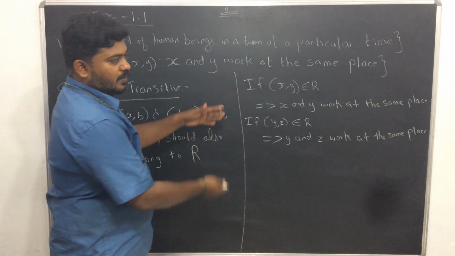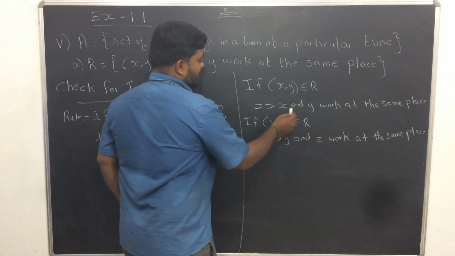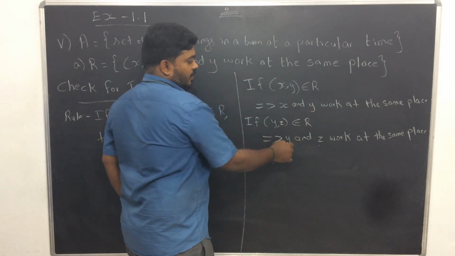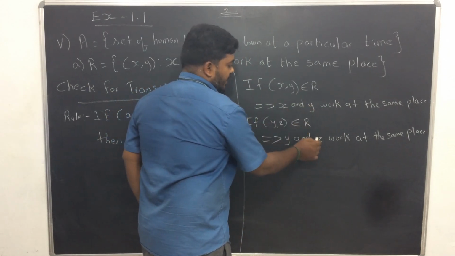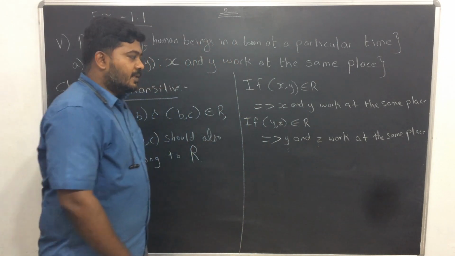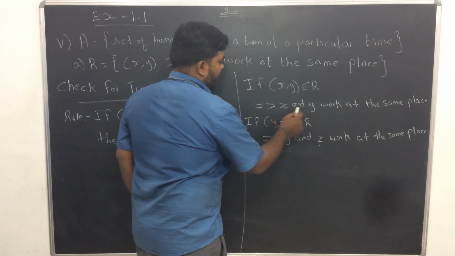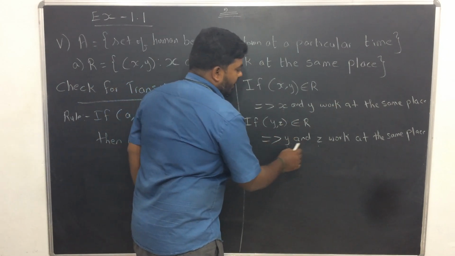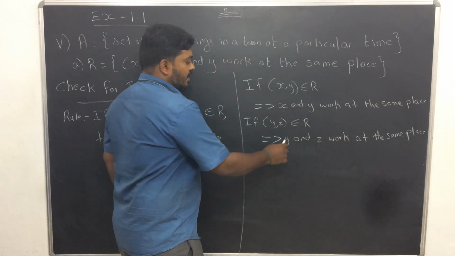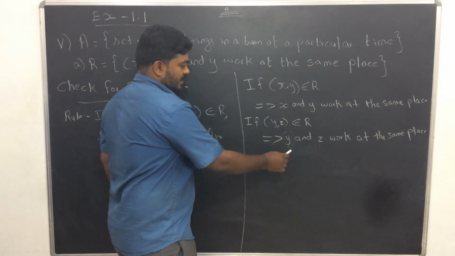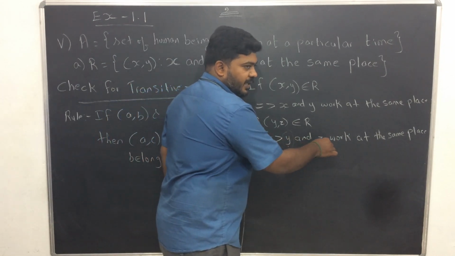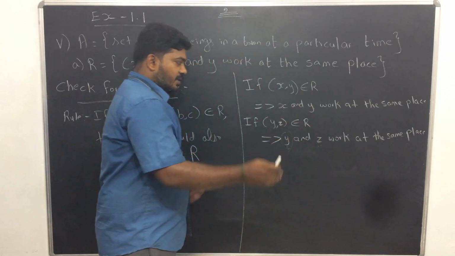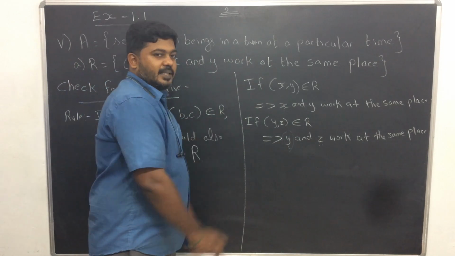Okay. Now, from these two statements, what can we say? x and y work at the same place, y and z work at the same place, and y is common in both. So, this means that x and z will also be working at the same place. Say, for example, x and y work in a supermarket. Now, I am saying y and z also work at the same place, which means if y works in the supermarket, then z will also be working in the same supermarket. So, all three people, x, y and z, will be working in the same supermarket only.